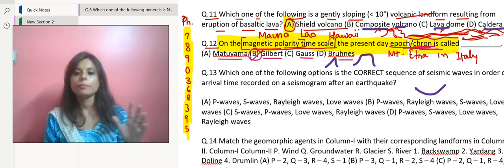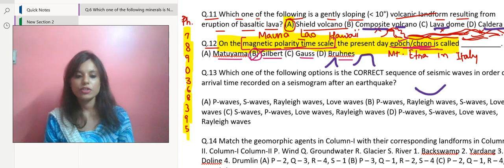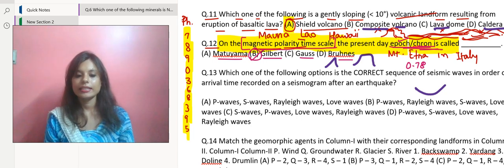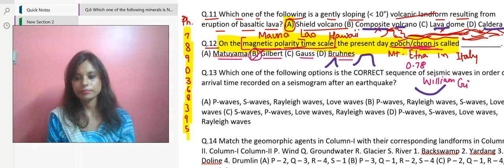Like the present epoch or the present chron, which began approximately 0.78 million years ago and still continues to the present day. It's named after William Gilbert. Who was William Gilbert?